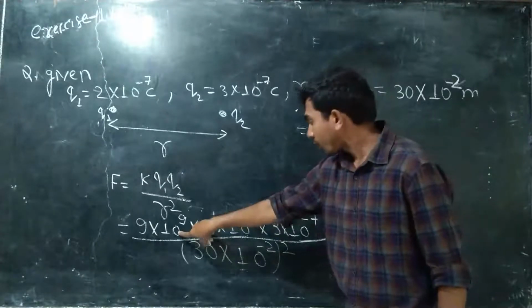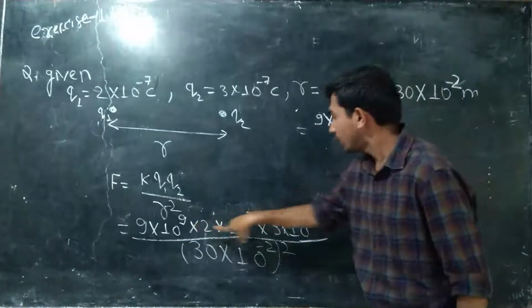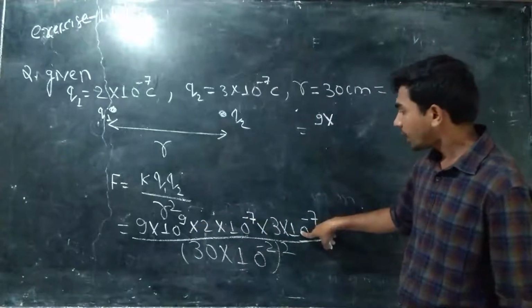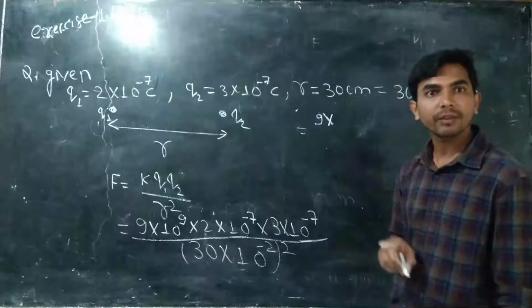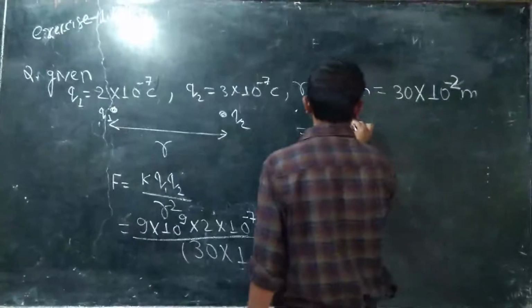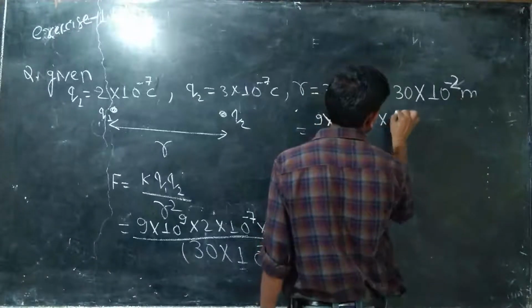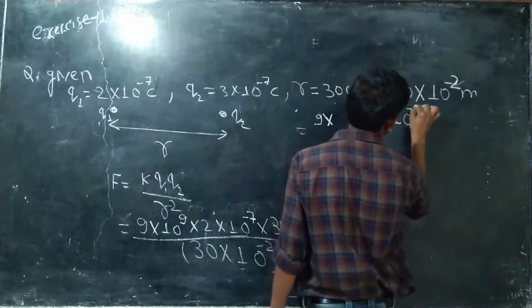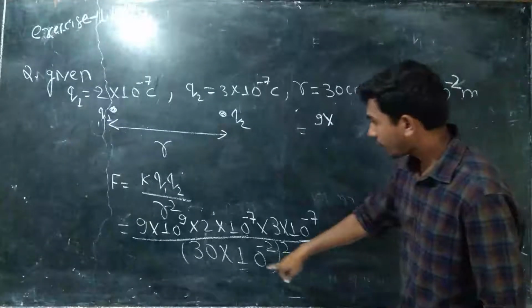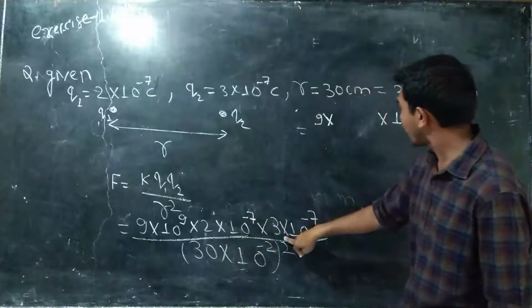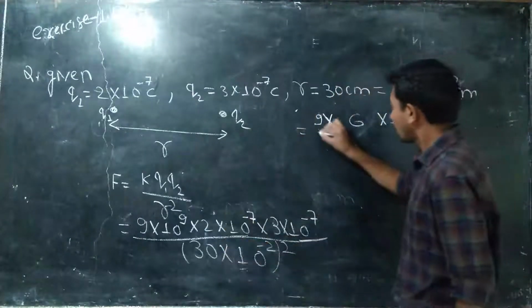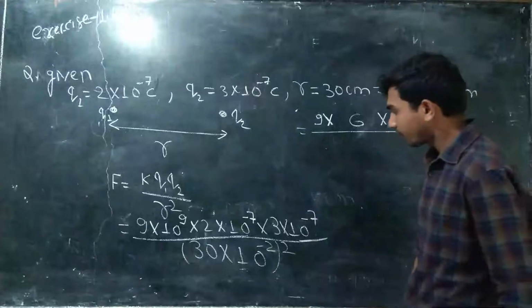So solving these three, we can write 14 minus 9, which is 5, so 10 to the power minus 5. And 2 into 3 is 6. And now see the denominator.